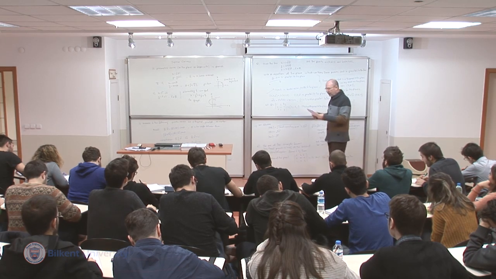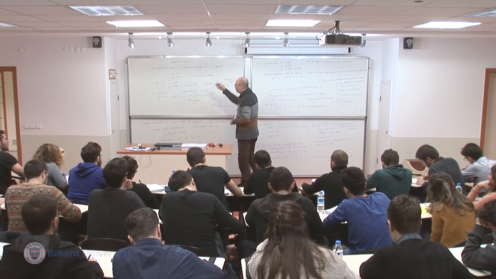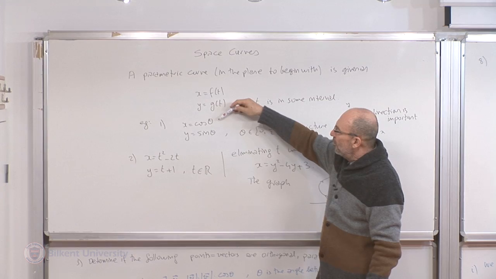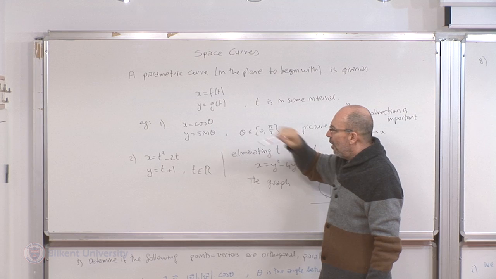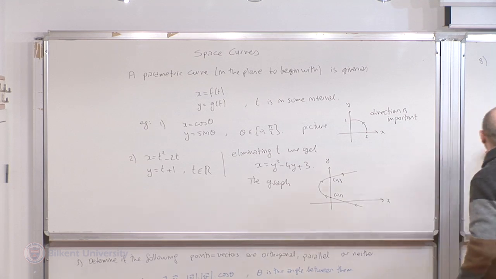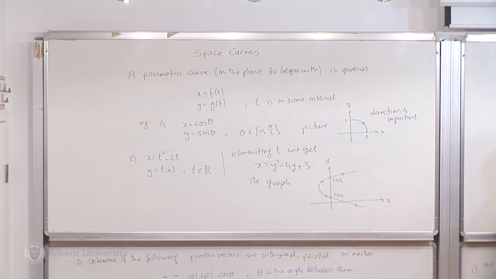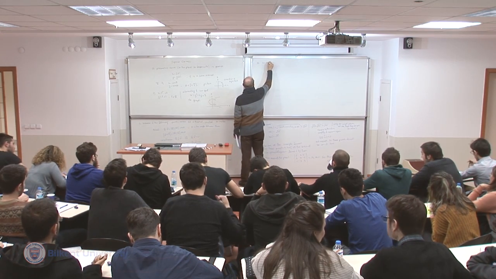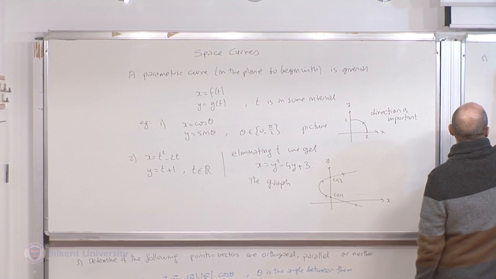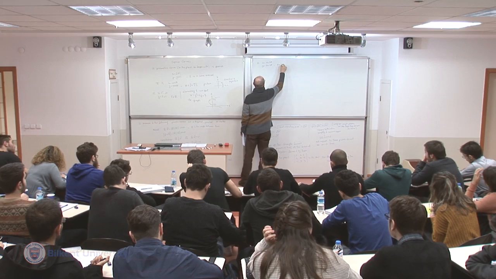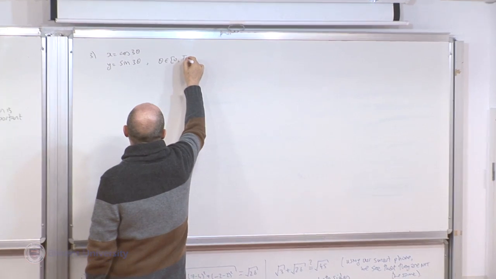Okay, so that's what we remember. Of course, a circle can be given with different parameterization. Generally, the way you choose a parameterization tells you how fast you are traveling along the path. Okay, so x equals cosine 3 theta, y equals sine 3 theta. This time, let's say theta is between 0 and pi over 6.